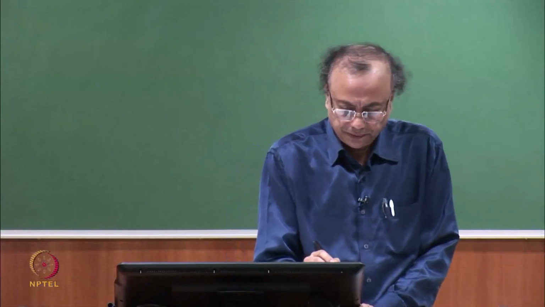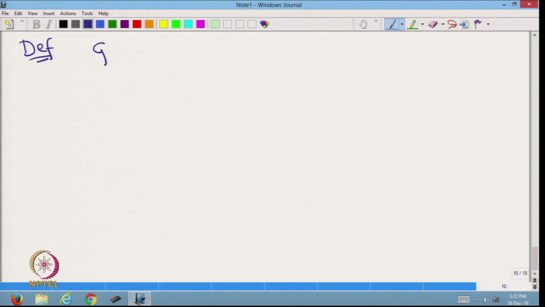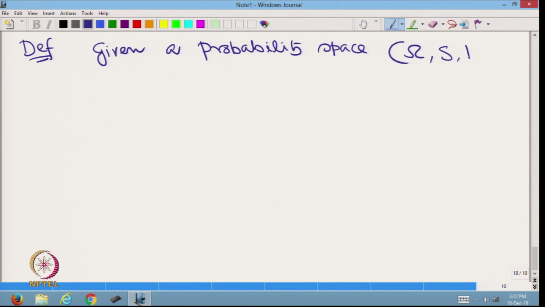So, definition: given a probability space (omega, S, P), as you all know, omega is the set of possible outcomes, S is the sigma field defined over omega, and P is the probability measure.